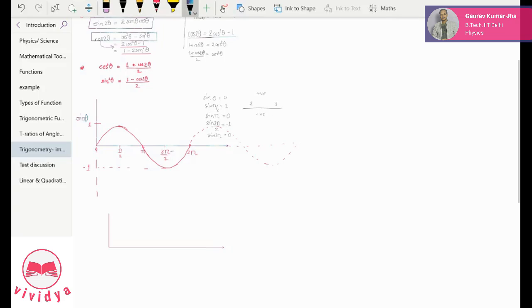So if I have on this axis cos theta and on x axis theta, and similarly this is okay, I'll just locate it little similar to that.